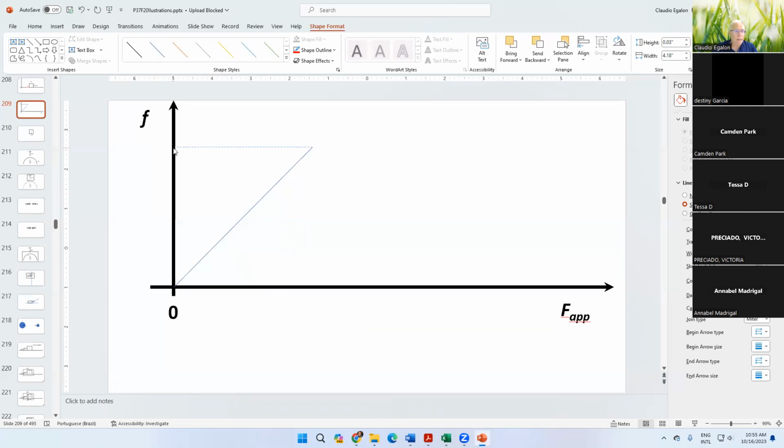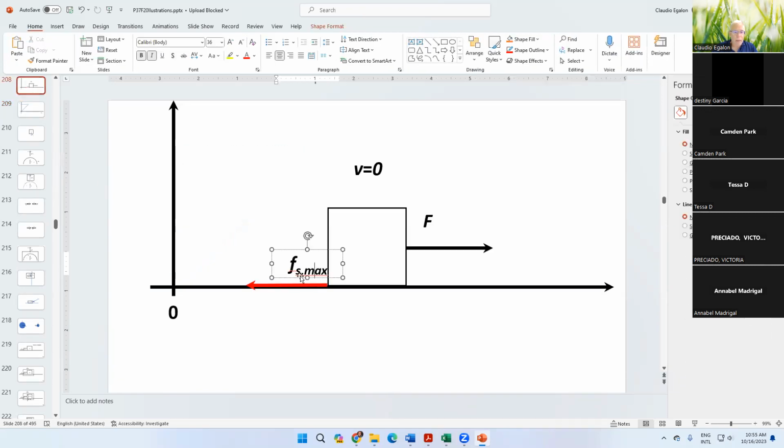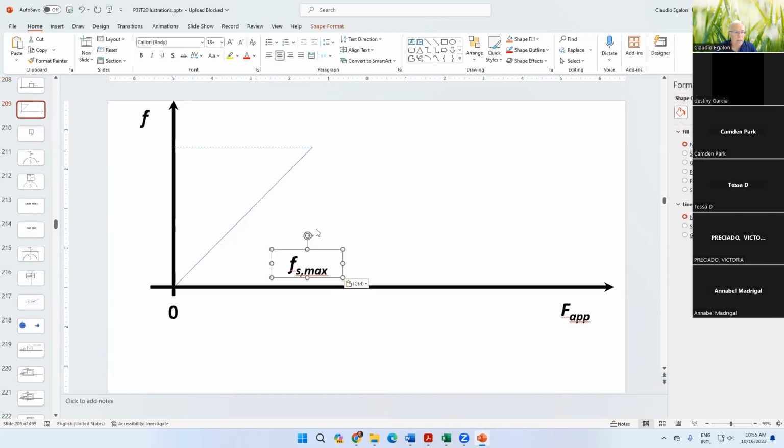This limiting value is given by the maximum value of static friction.